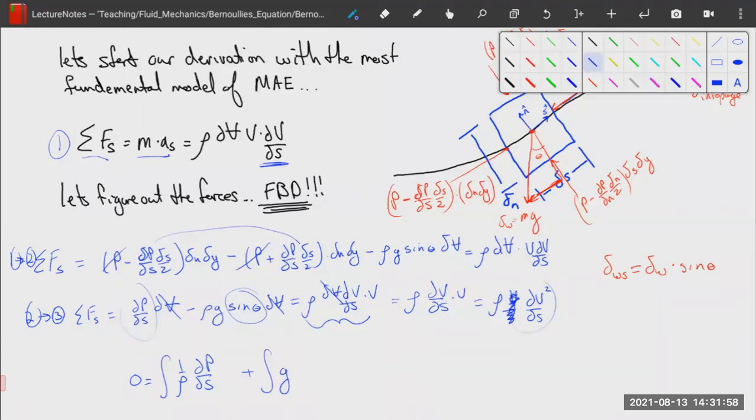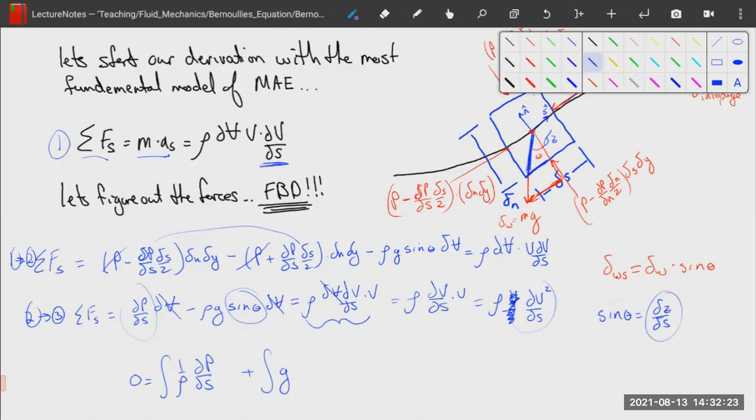So if we imagine that this is our delta s, and then we have some delta z coming down, then the ratio of these two lines gives us sine of theta. So we can plug that in here.